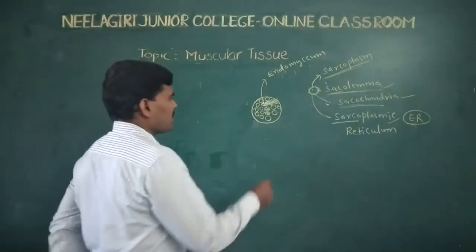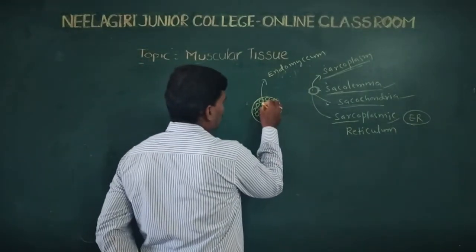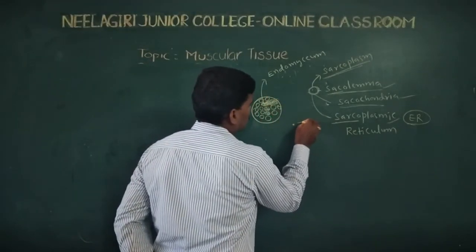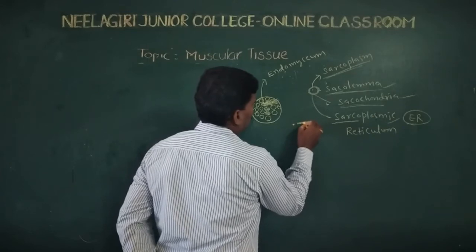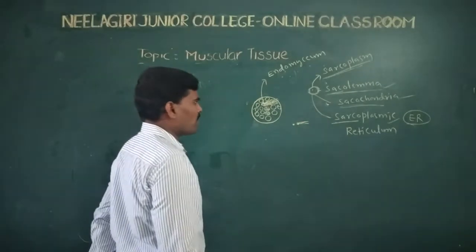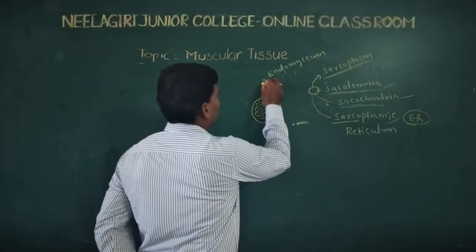Endomysium, perimysium, epimysium. Endomysium means muscle fibers: a bunch of muscle fibers surrounded by a layer called endomysium.